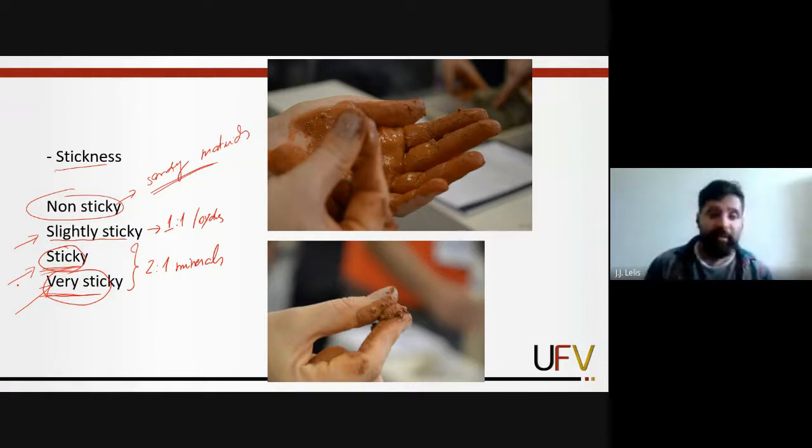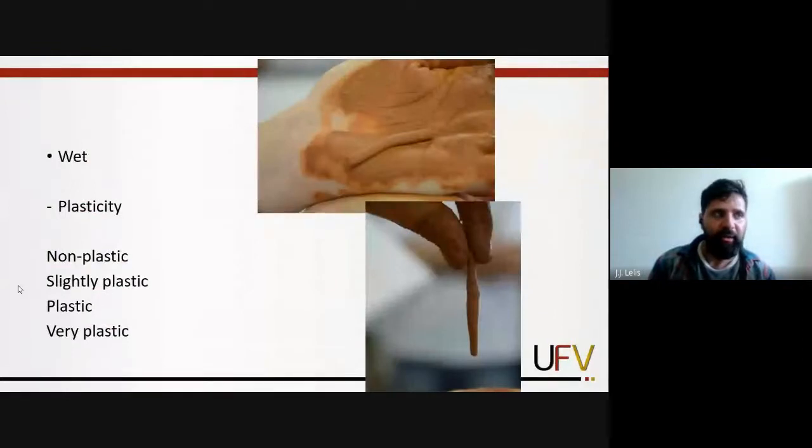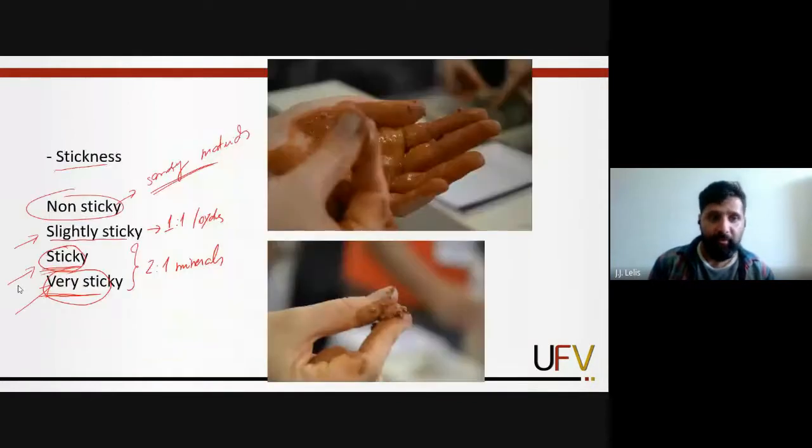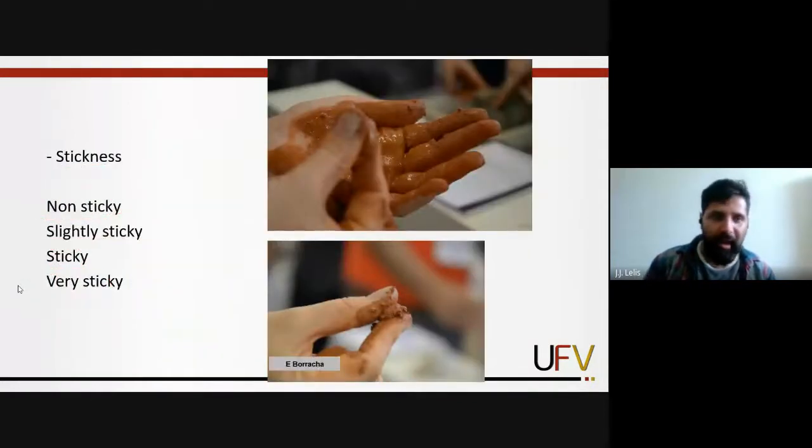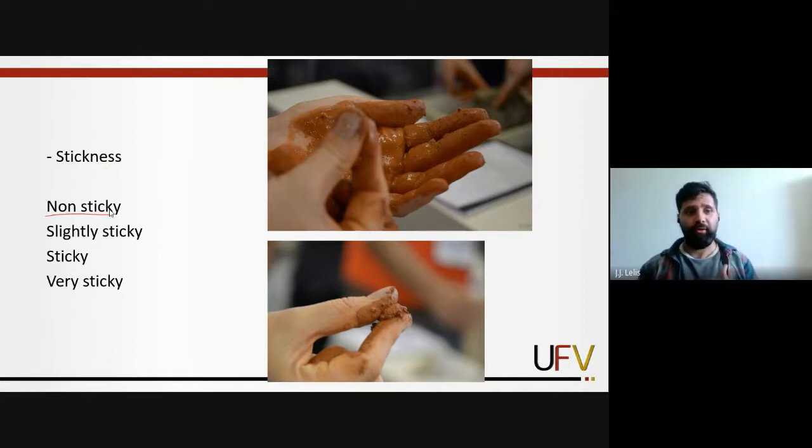Okay, stickiness and plasticity are very interesting to describe how humans colonized an area too, because if you have a non-sticky and non-plastic soil or non-plastic horizon, usually you can find some artifacts, some materials that were produced by men.